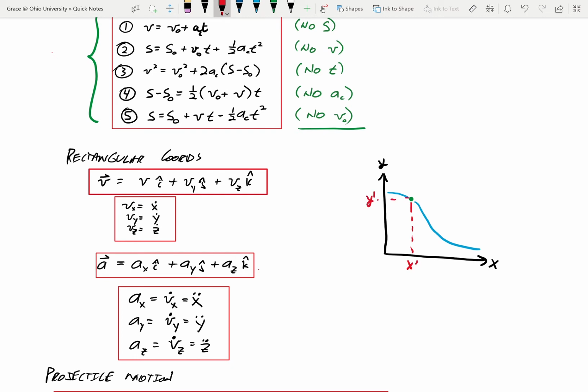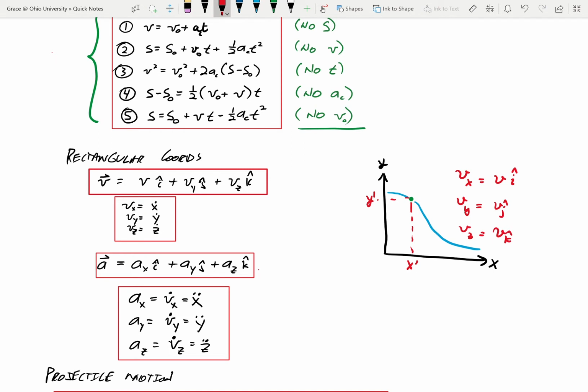So for example, if you have your velocity, you could break up velocity into x, y, and z as needed, right? By saying that if you have your velocity in the x direction, sometimes we call it v at i, right? And then in the y direction, it'll be v at j. And then in the z direction, you have v at k.